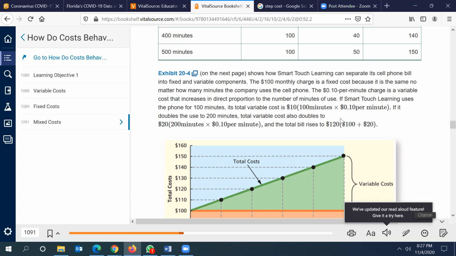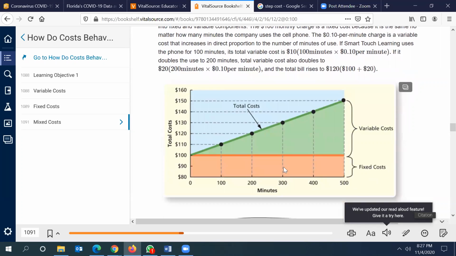And we see that if it doubles to 200 minutes, then total variable cost also doubles to $20. 200 minutes at 10 cents per minute, and the total bill rises to $120. So this graph here is showing total cost from the cell phone bill, and it looks just like total cost from the overall company. The only difference is the numbers are much smaller. So it's just one little component of a company's total cost. So I don't have to spend a whole lot of time on mixed costs. They're quite easy, but that's what they look like.